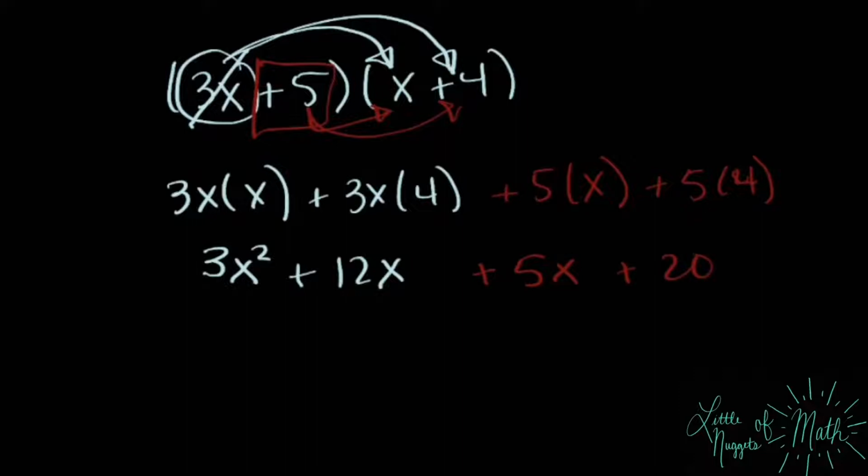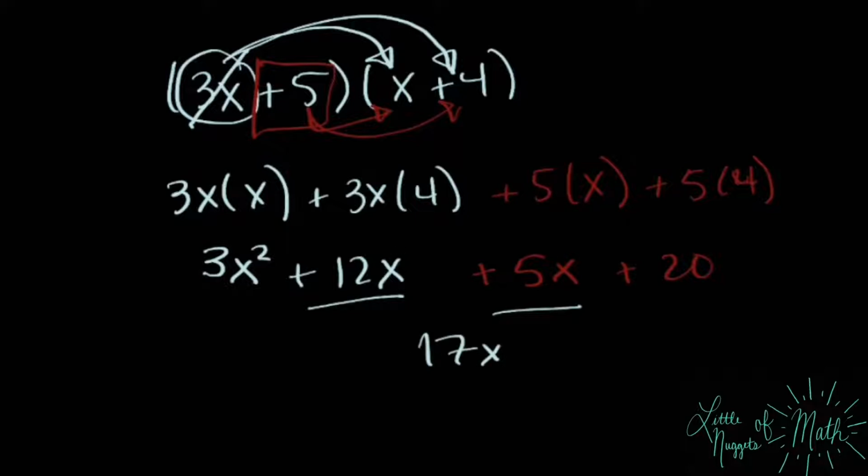There is one more step to this, which we will call combining like terms. Like terms are terms with the same degree. For instance, the 12x and the 5x are both terms with degree 1. 12x plus 5x is 17x.